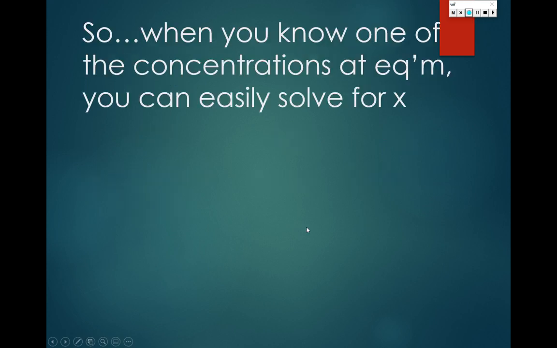So when you know one of the concentrations at equilibrium, you can easily solve for x. You decide for yourself how much grade 9 math you need to show, okay? So you have to collect like terms, bring the number to the other side.